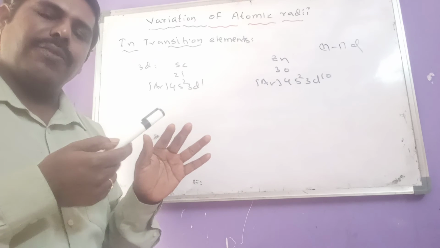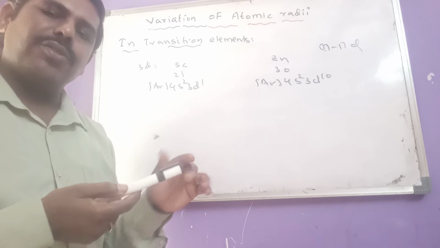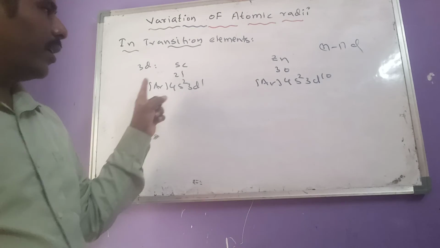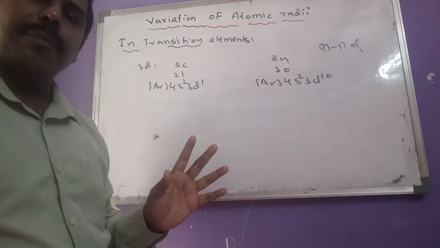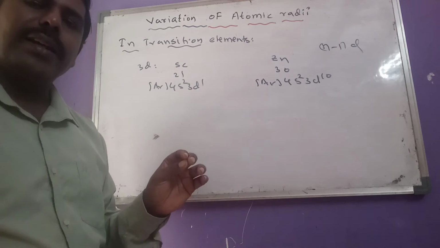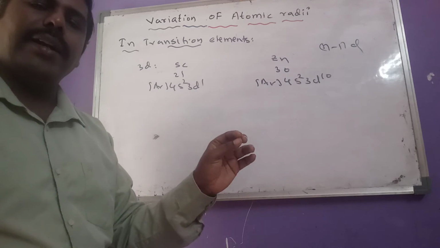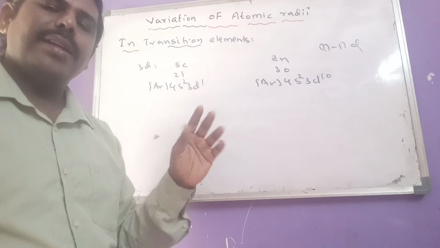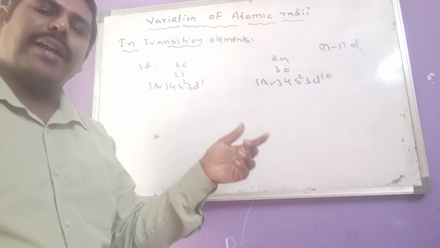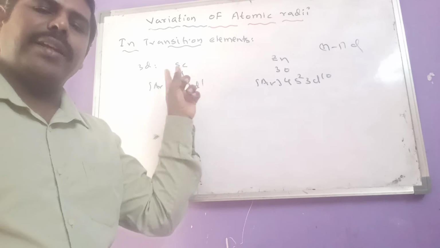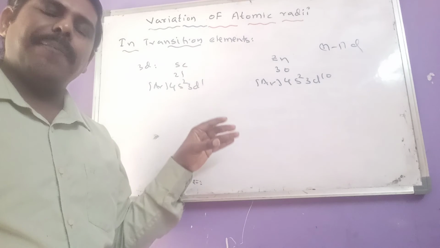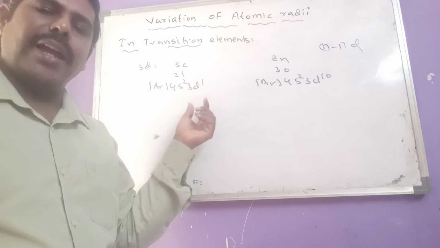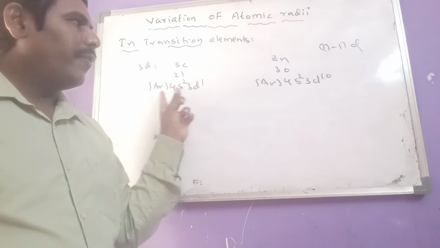One thing we have to confirm: from left to right in transition elements there is a slight decrease in atomic radius, not a gradual or sudden decrease. Comparatively with representative elements, here there is only a slight decrease in atomic radius from left to right.